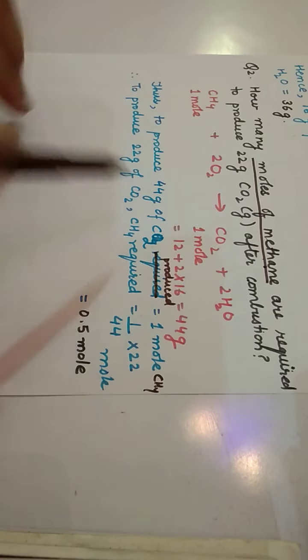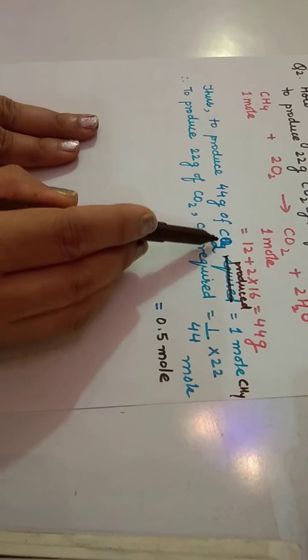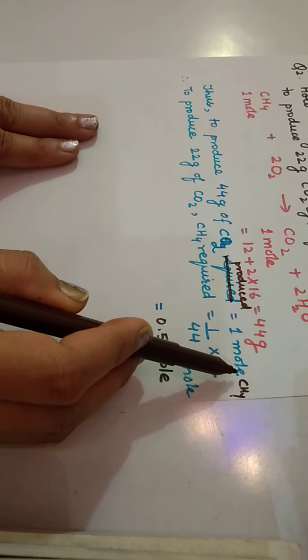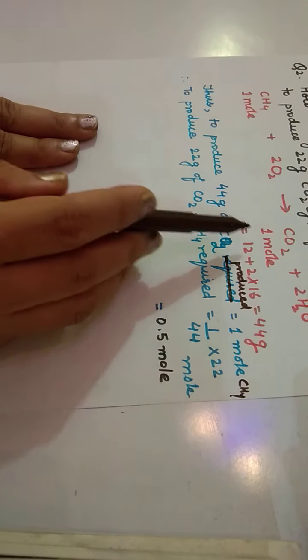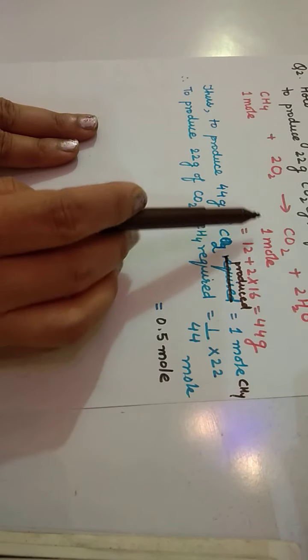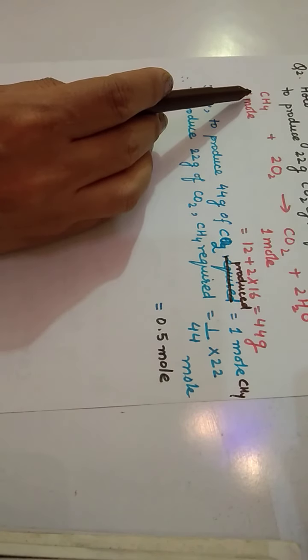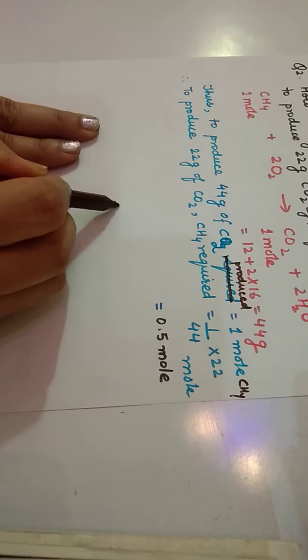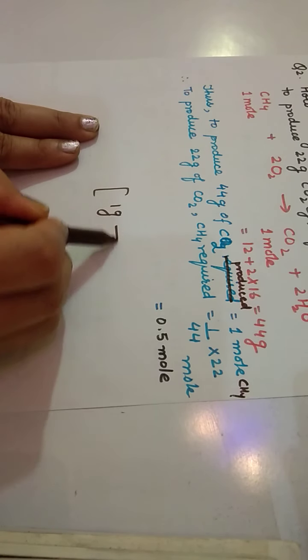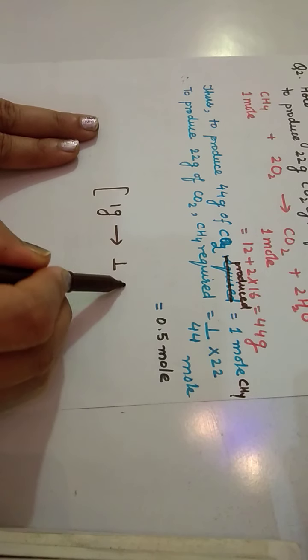So children, you all know the unitary method. 44 gram of CO2 is produced by how many moles of methane? 1 mole of methane. So children, 1 gram of CO2 will be produced by how many moles of methane?